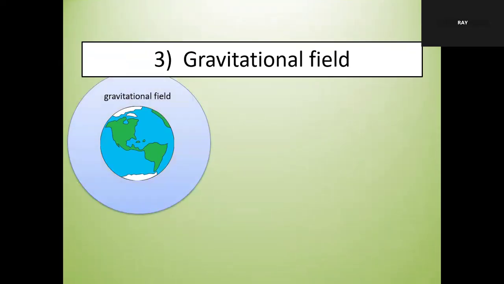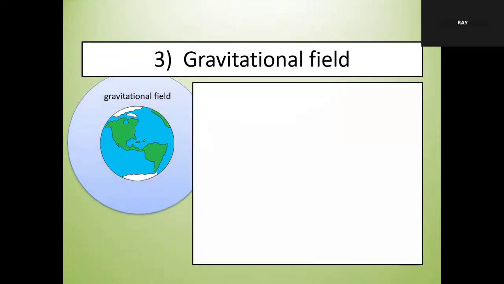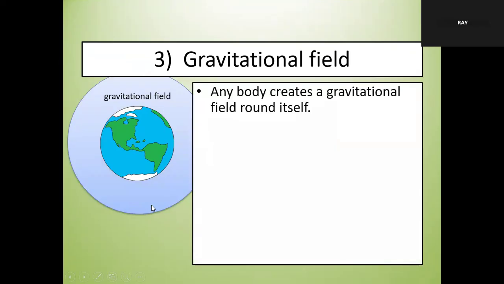Okay, gravitational field. It's just a region where the Earth gravitates. The region around the Earth is the gravitational field. Any body or any object creates a gravitational field around itself. So around you, you have a gravitational field. Around the Earth, the gravitational field.